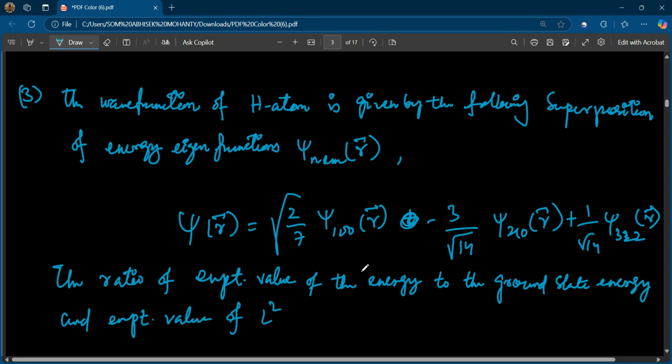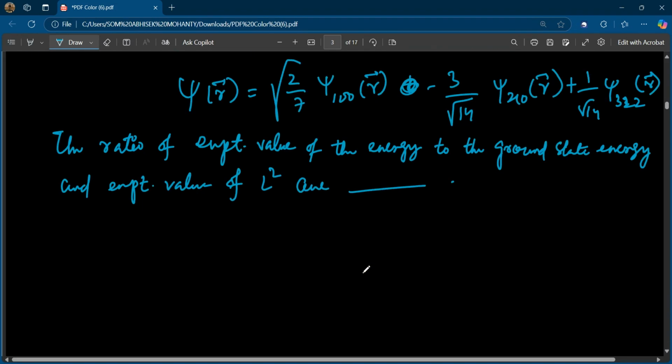So one is the ratio, and the other one is the expectation value of L square.